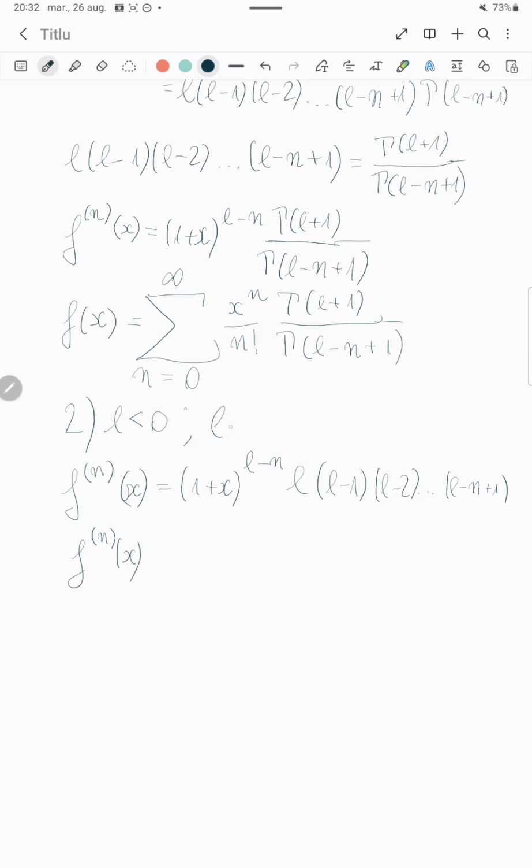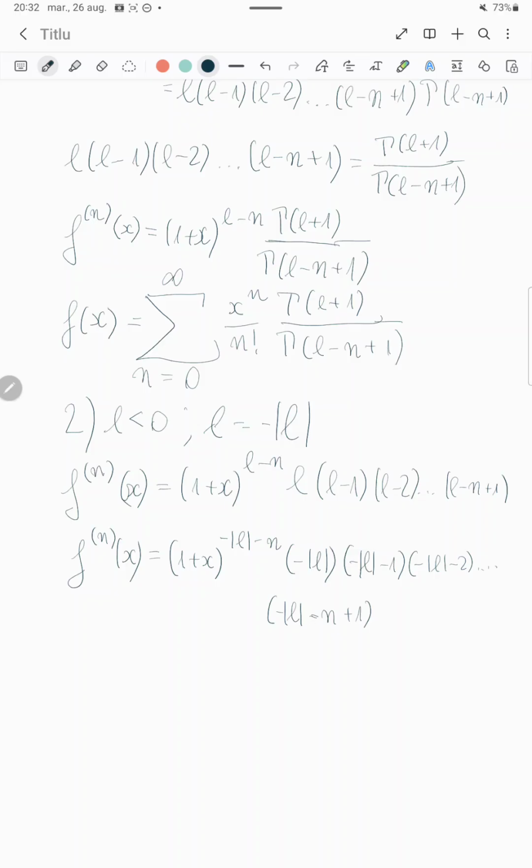Since L is minus its absolute value, we can substitute this here and we'll have 1 plus x to the minus the absolute value of L, minus n, times minus the absolute value of L, times minus the absolute value of L minus 1, minus the absolute value of L minus 2, ... minus the absolute value of L minus n plus 1.